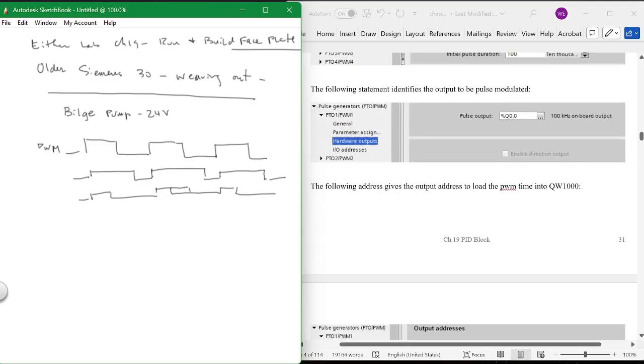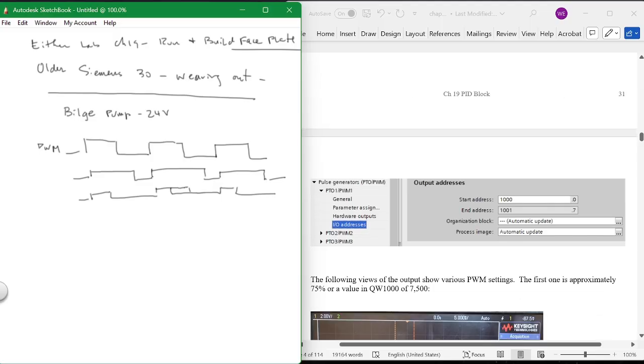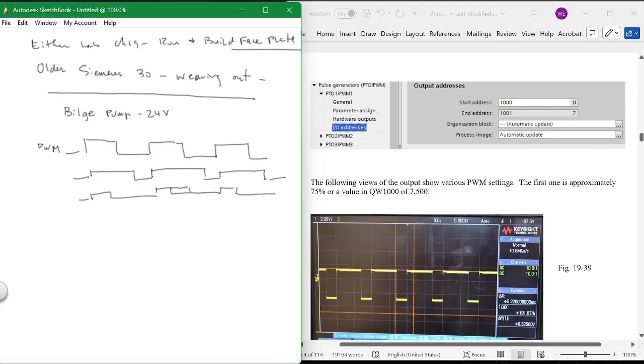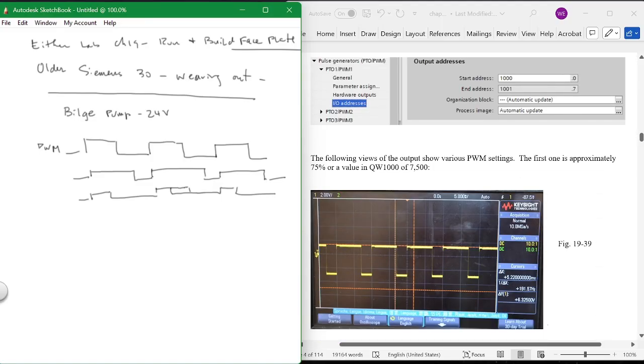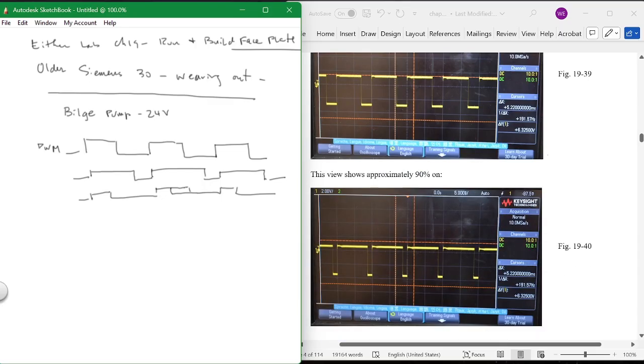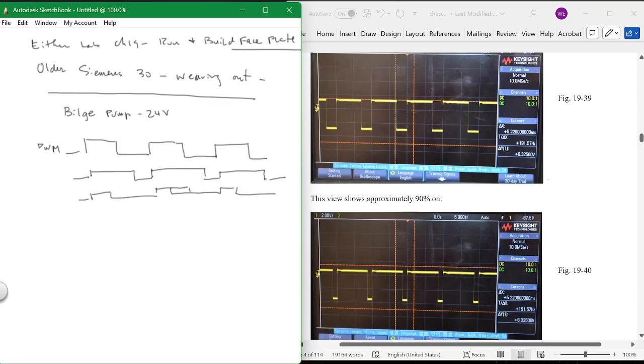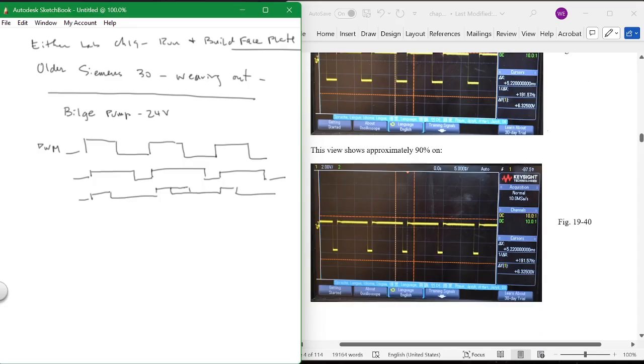So this is some of the explanation of how that is set up and how it works. And then you have to start peeling away the layers. And there's some examples of the pulse width modulated signal.